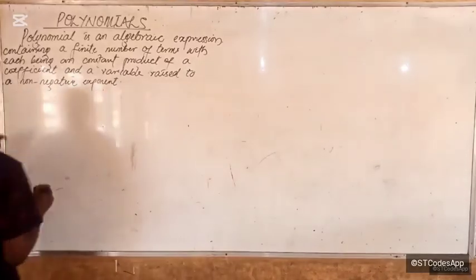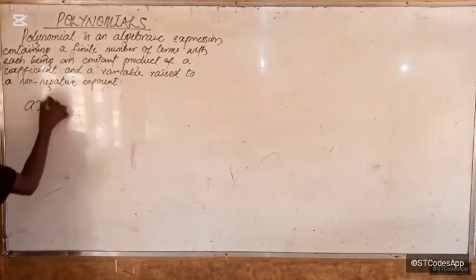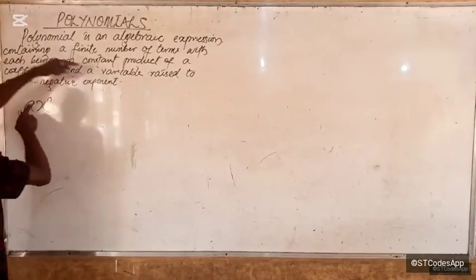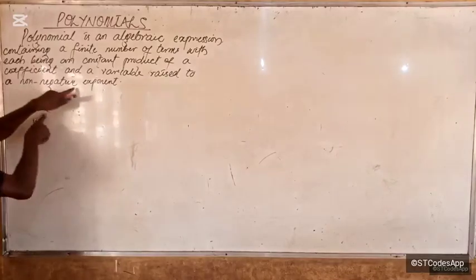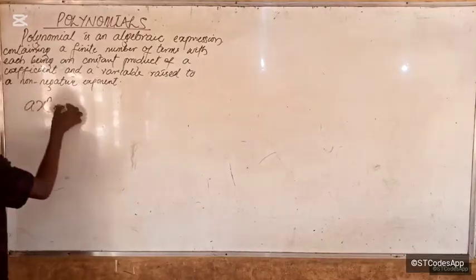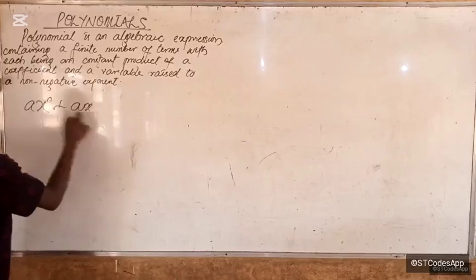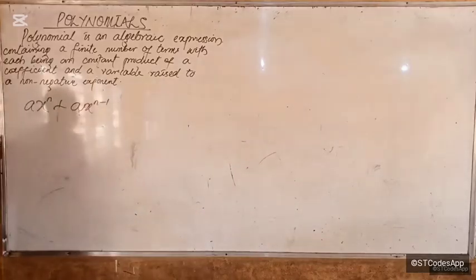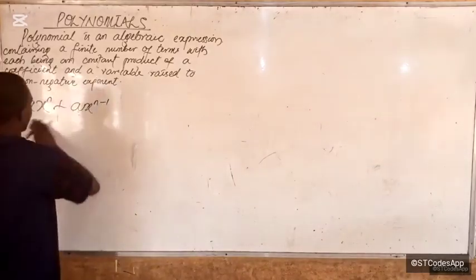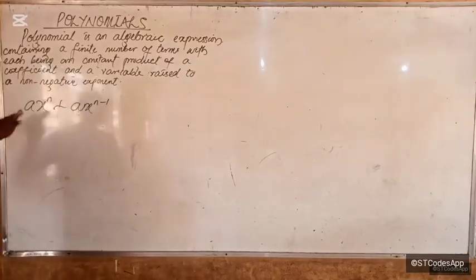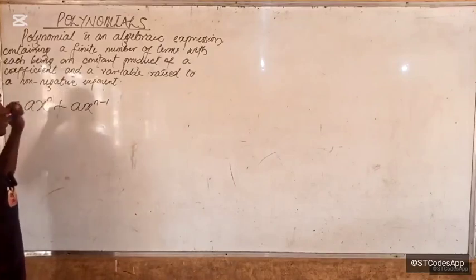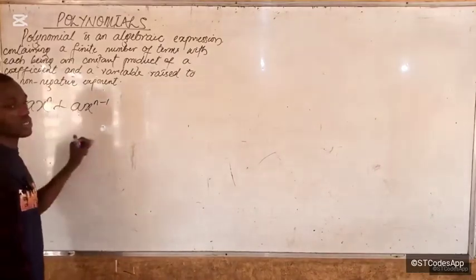So it takes the form ax raised to power n. Now this a is the constant, that is the coefficient, which is multiplied by the variable x, and the variable x is raised to a non-negative exponent. So this plus a x raised to power n reduced by 1. Now look at this. One thing you will notice here is that this n is the highest power. The first term usually contains the variable carrying the highest power.